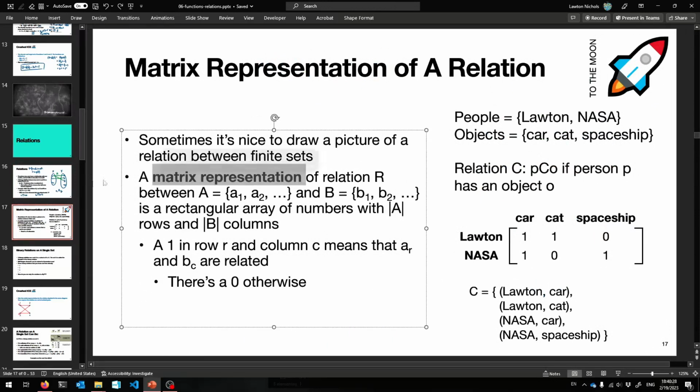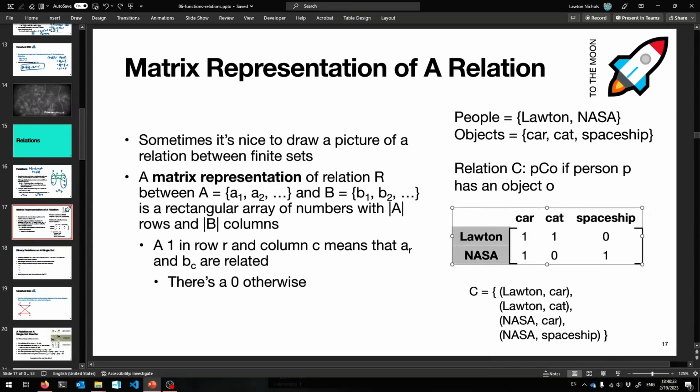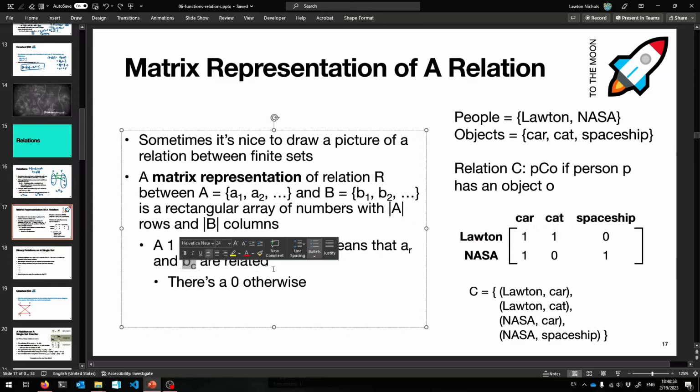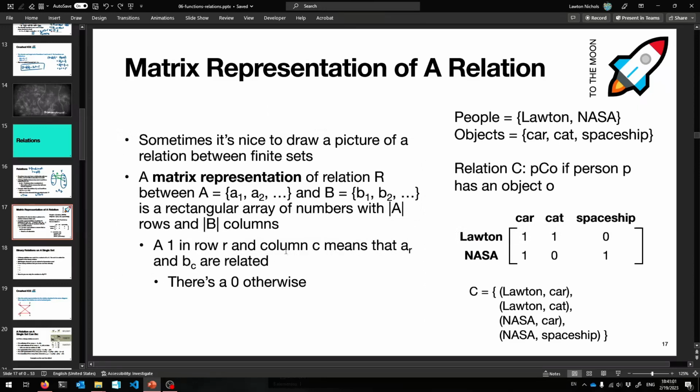A matrix representation of a relation R is when you put elements of the left side as rows, and elements of the right side as columns, and then you put a 1 if they're related, like Lawton and car are related, Lawton and spaceship are related, and a 0 if they're not related. So a 1 in row R and column C means that the element that represents the row and the element that represents the column are related to each other, and a 0 otherwise. So that's how you can precisely represent some relation.